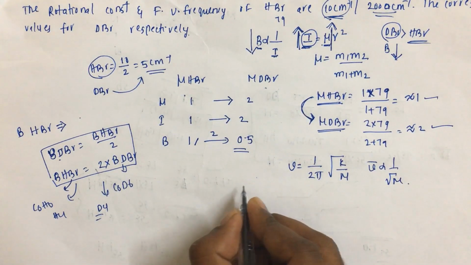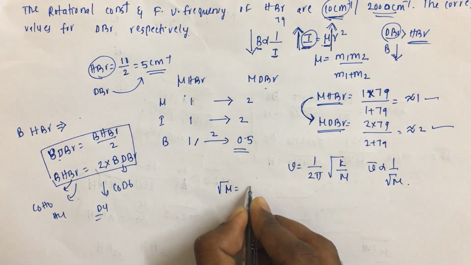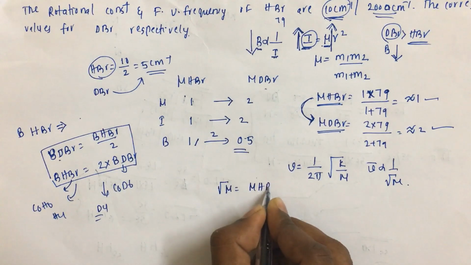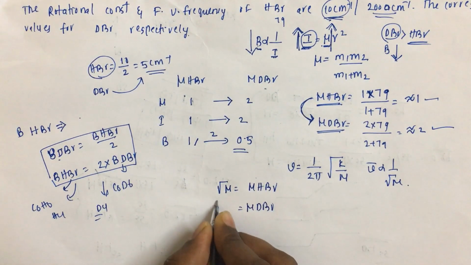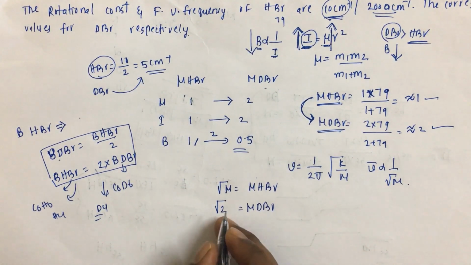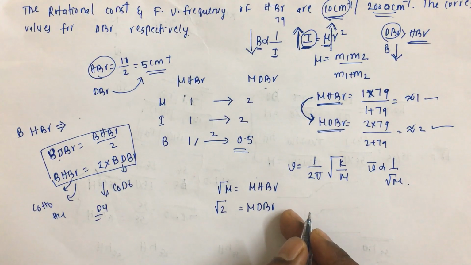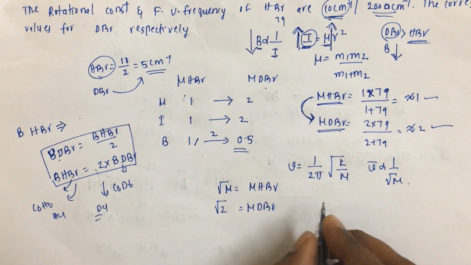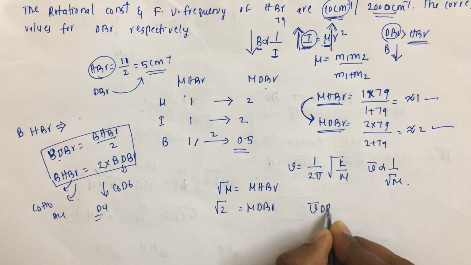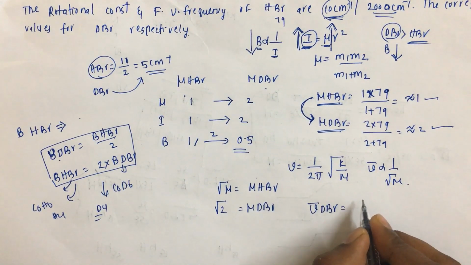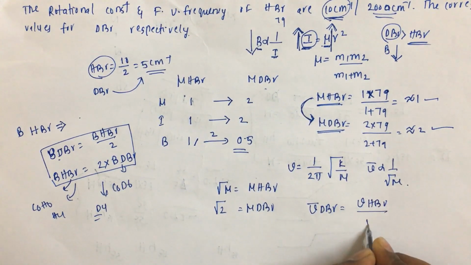So when we are talking about nu DBr, that is root 2, because the reduced mass is double from HBr to DBr. So if you want to identify nu DBr, the principle will be nu HBr by root 2.